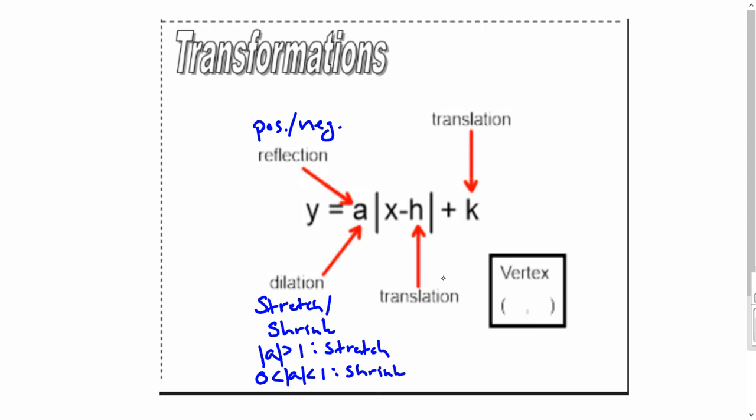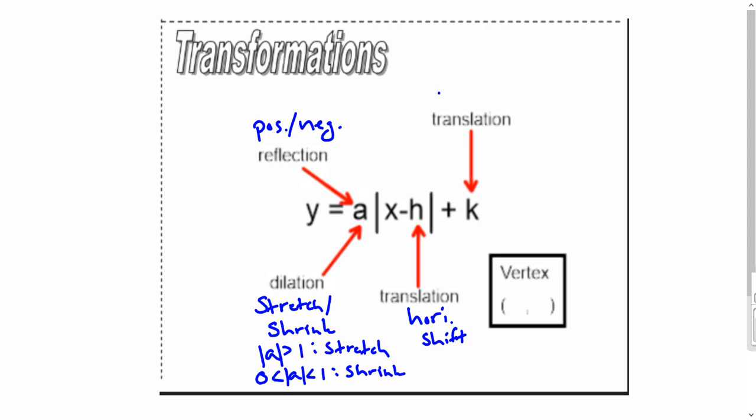All right? So this H here is a translation, which is the fancy math way of saying it is a horizontal shift. And that's going to be the same for this type of function as it is for all of the other parent functions that we've taken a look at. It's always going to shift it left and right. Kind of like this K is at the same place, probably does the same thing.